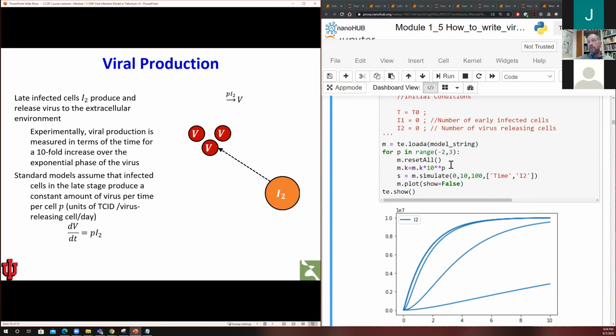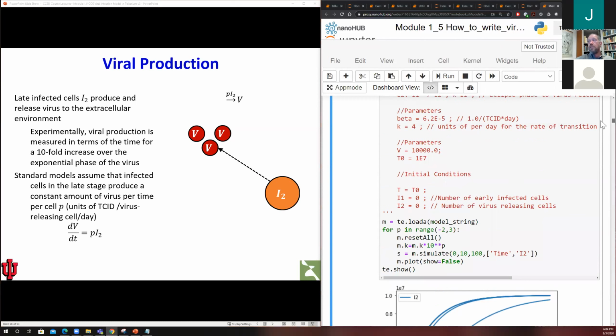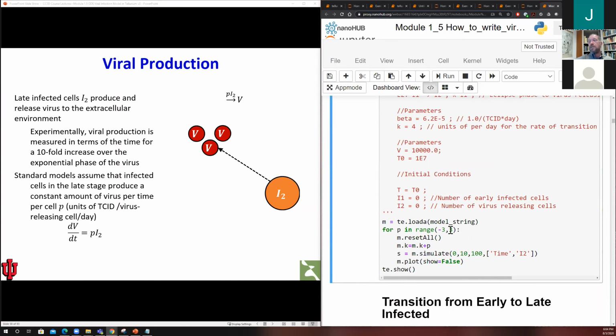And so it might make more sense to try one more simulation. We said K is 4, that's in units of per day. So it might make sense instead of multiplying by P to add P. So in this case, if P goes from -3 to 3, K will go from 1 to 6. That's a more sensible range.